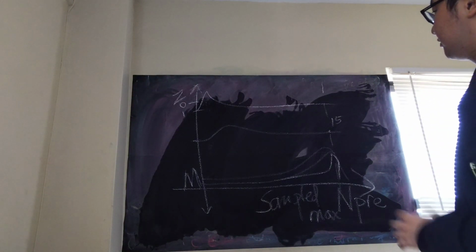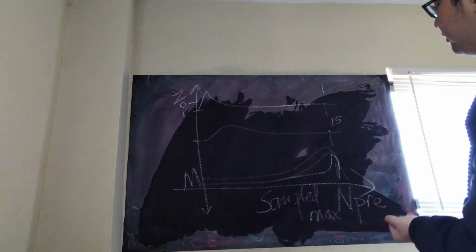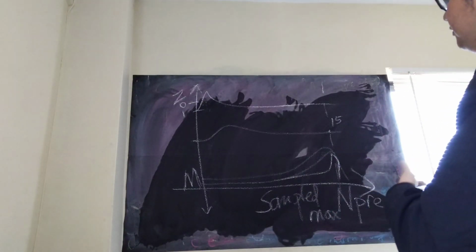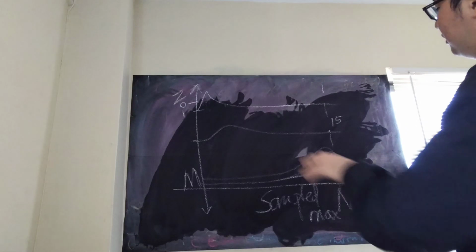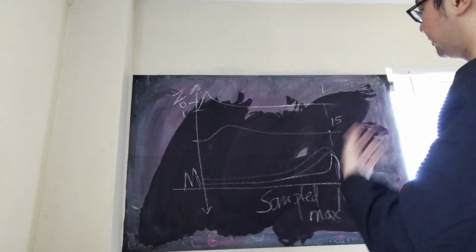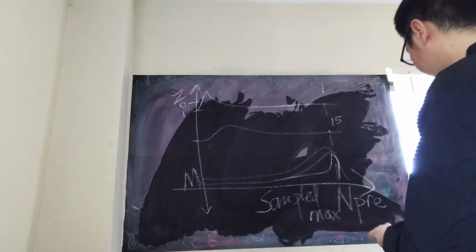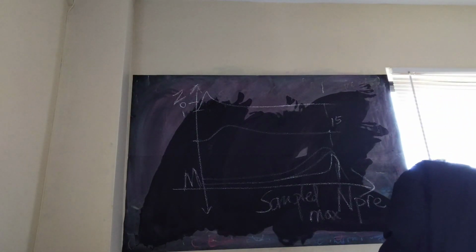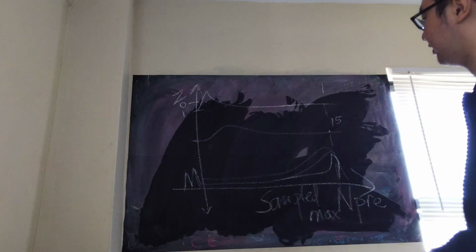This is basically iterating over all the samples and getting the probability you get the sampled maximum wrong, and yeah, this finishes our illustration.